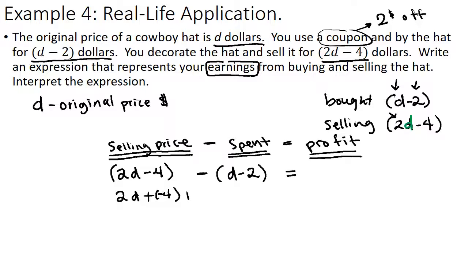I can now say this is going to be plus -1 times by D plus -2. -1 times by D is going to give me -D. -1 times by -2 is going to give me +2. So I can bring down the rest of this.